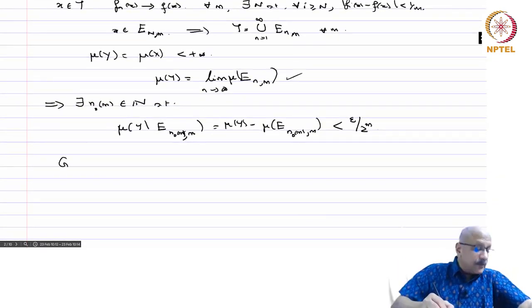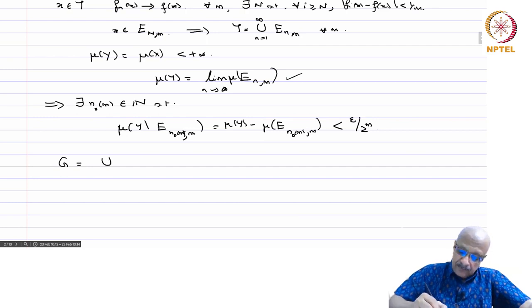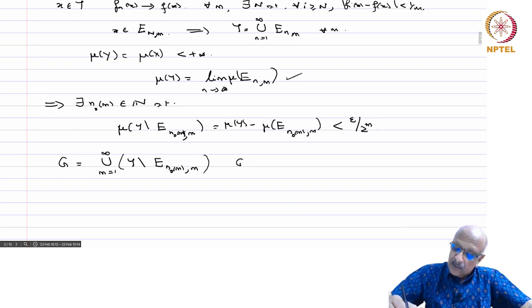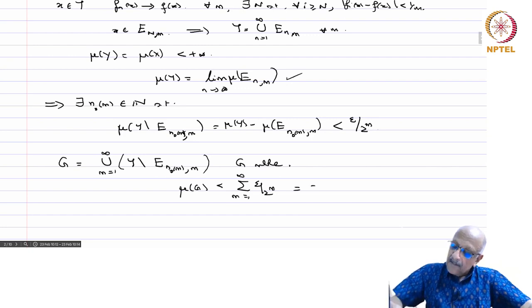Now you set G equals the union m equals 1 to infinity of Y minus E_{n_0,m}. Then G is measurable, and mu of G is less than or equal to the sum of the measures of these sets, which is less than the sum of epsilon by 2 power m, and that's equal to epsilon.